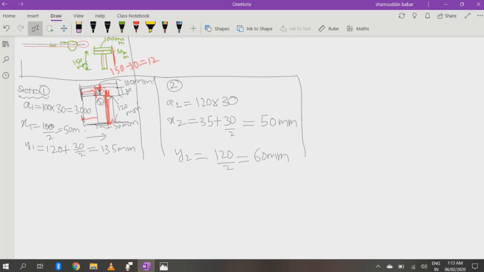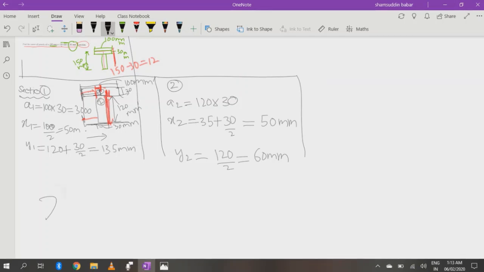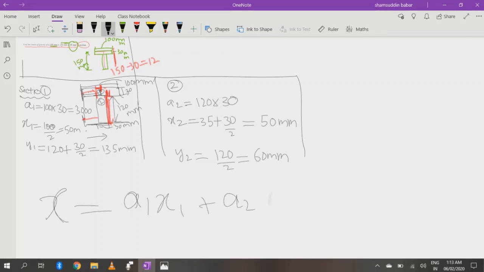After you find these values of section 1 and section 2, a1, x1, y1, you can find the value of x bar, the center of gravity of this composite section, from this line x-axis and y-axis. x bar is equal to a1 x1 plus a2 x2, whole divided by a1 plus a2.